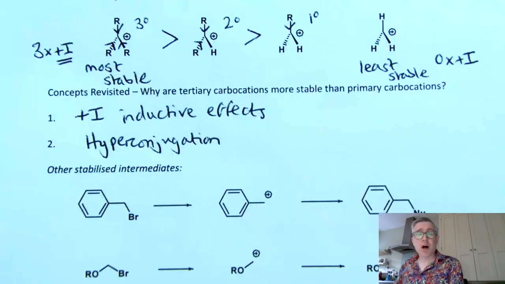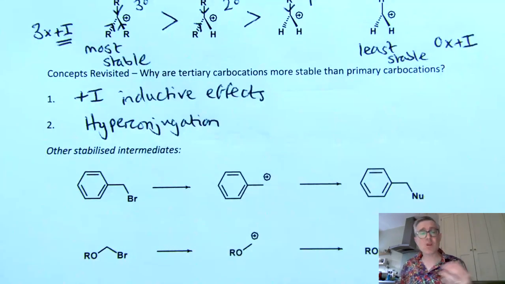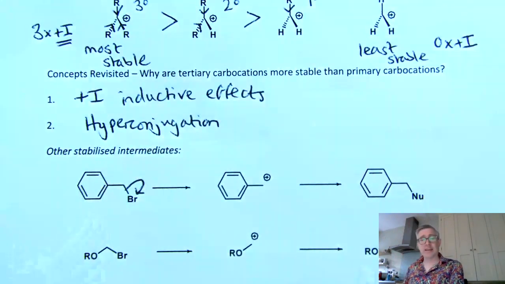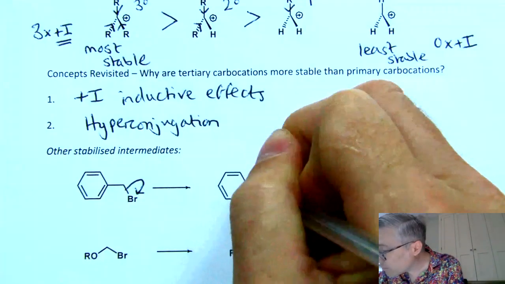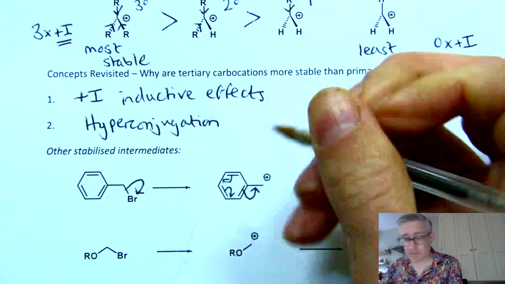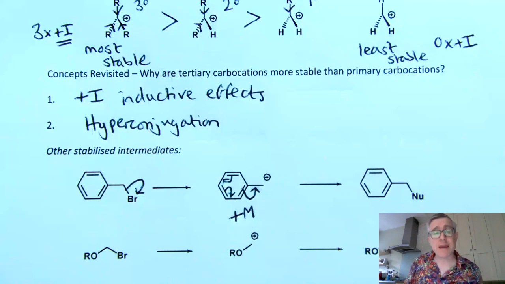There are some other stabilized intermediates here. We've got stabilized intermediates in which a bromine can leave like this, generate a positive charge here. Why is it stabilized? Well, we can push electron density out of the aromatic ring because the aromatic ring has a plus M mesomeric effect.